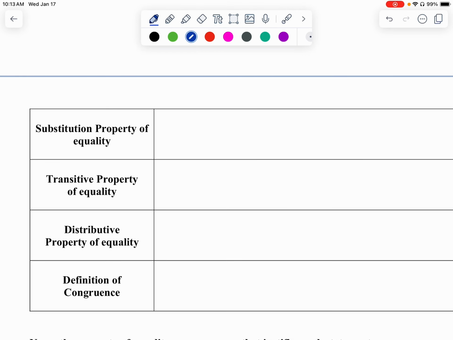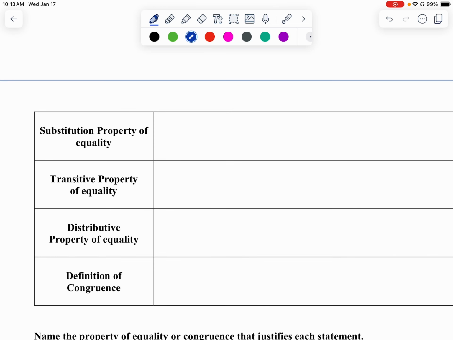Substitution property of equality is saying that just like we did with solving equations at the very end of last semester, with elimination and all that, if we know what one variable equals, let's say we have x equals 5 and x plus y equals 12, we can take what one variable equals and replace that variable in a different equation. So instead of saying x plus y equals 12, well, I know that x equals 5, so we could say 5 plus y equals 12.